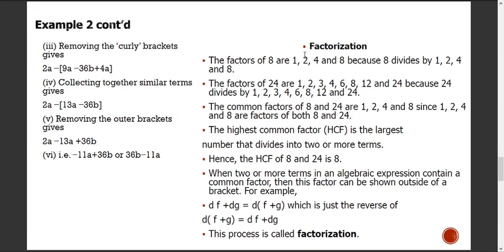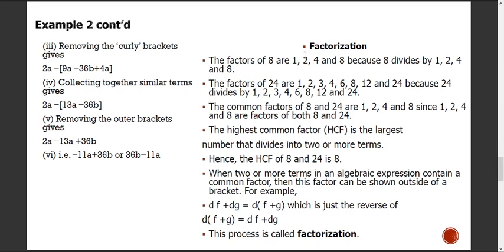We see that 1, 2, 4, and 8 are common to both. But which one is the highest common factor? I think the highest common factor of both is 8. So I can express 8 and 24 in terms of 8.